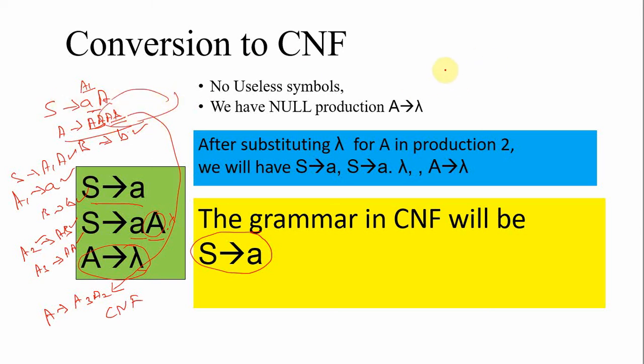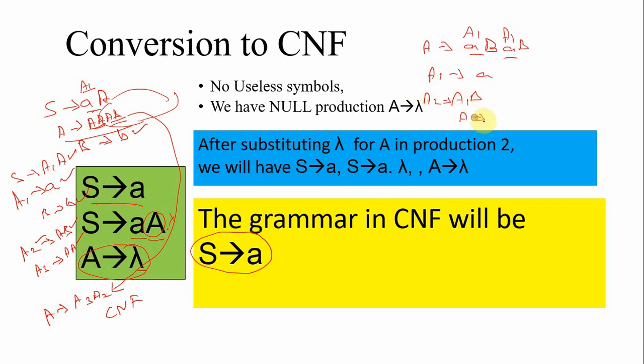Similarly, if we have a production like this, you can introduce a new variable A1 for this A, and for A1B you can introduce a new variable A2.